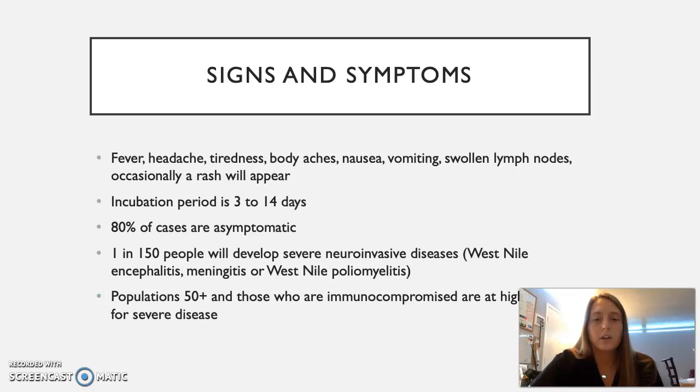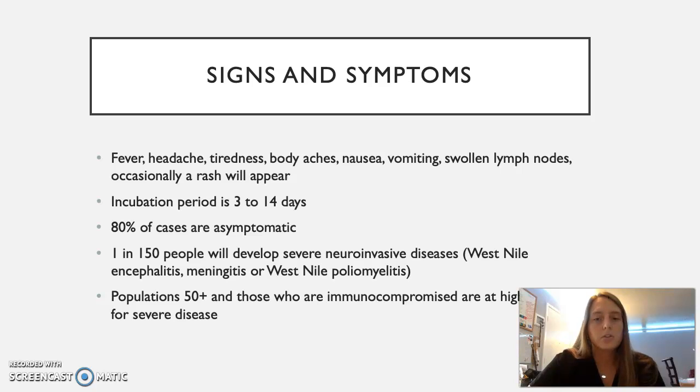And those are more serious diseases where you could be hospitalized and have to get treatment to be able to breathe and things like that in some cases. But those, again, are not really typical, 1 in 150 people.